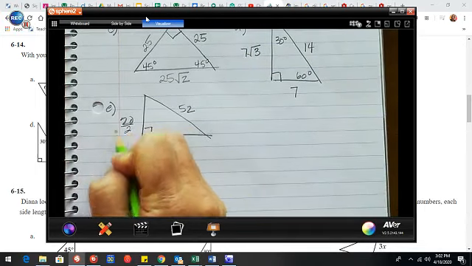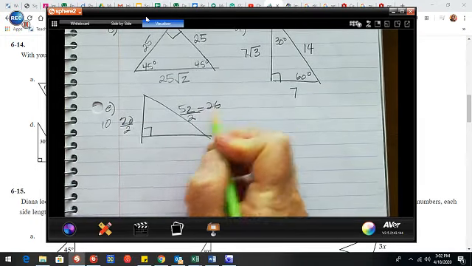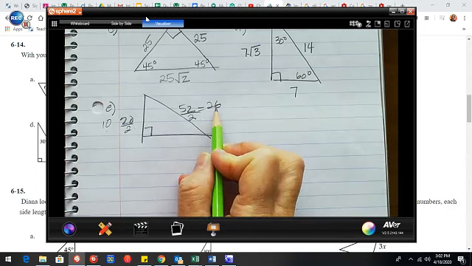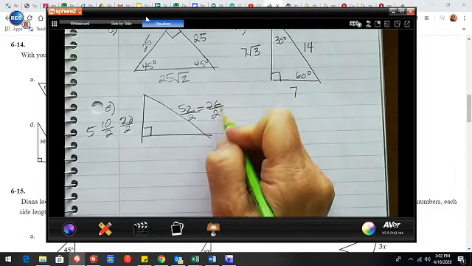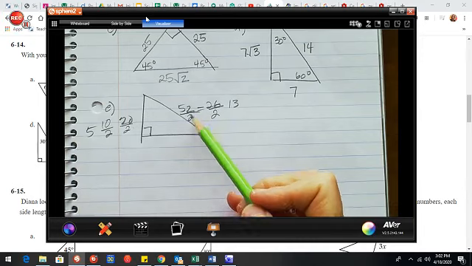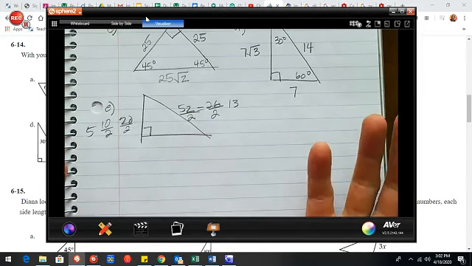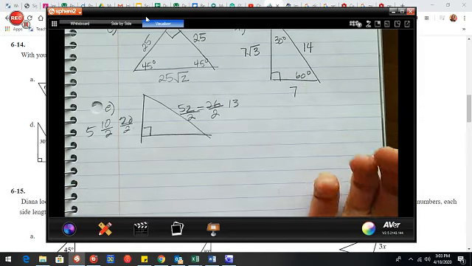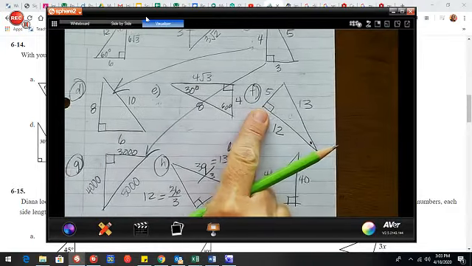You can say 20 divided by 2 is 10, 52 divided by 2 is 26, and then still you might say, oh wait, those are divisible by 2. So 10 divided by 2 is 5, 26 divided by 2 is 13. Or you might have known that 4 is the greatest common factor for 20 and 52. So it's up to you how you want to figure this out. 5 and 13, that is a triple.